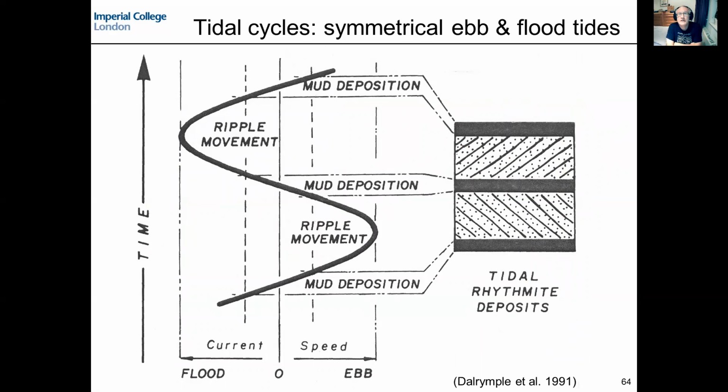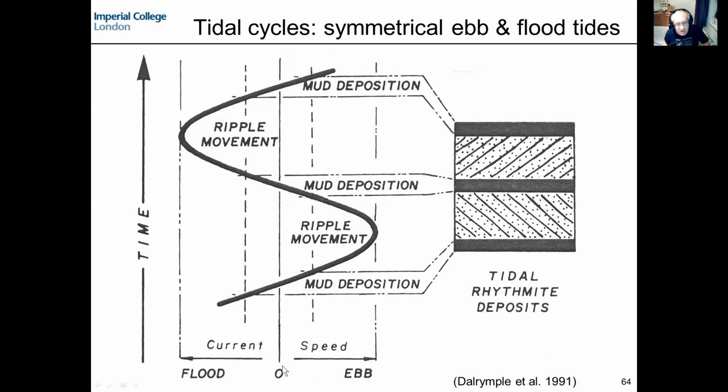Okay, so what are the characteristics of tides? How do we recognize them within deposits? So here we've got a graph showing time on the vertical axis, and that time is one tidal cycle, so let's say 12 hours in this case. And the horizontal axis is velocity.